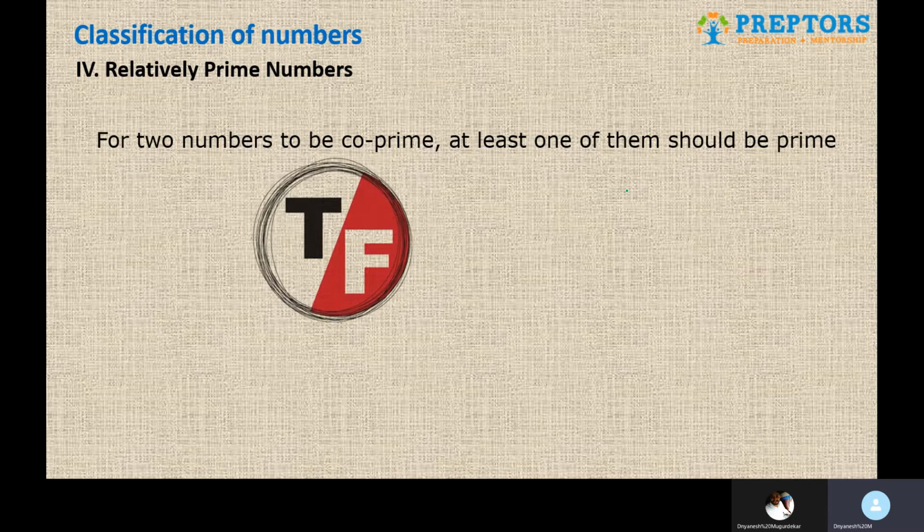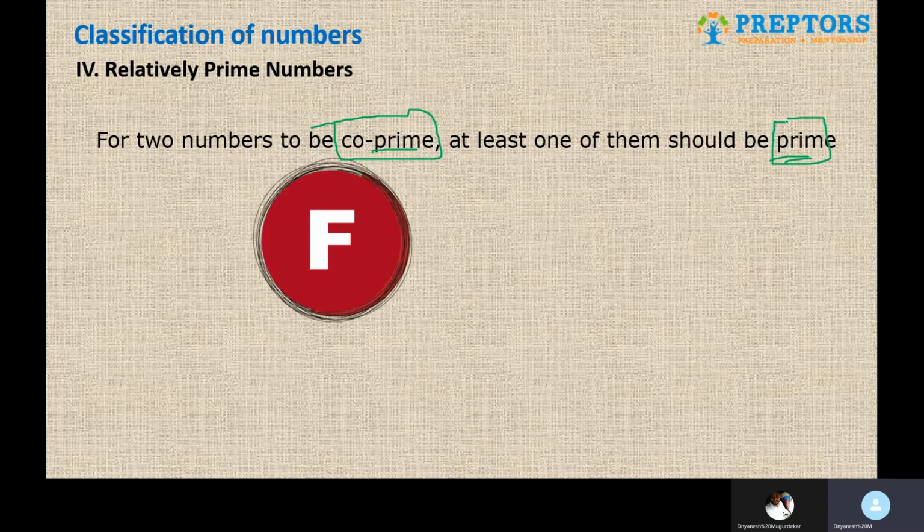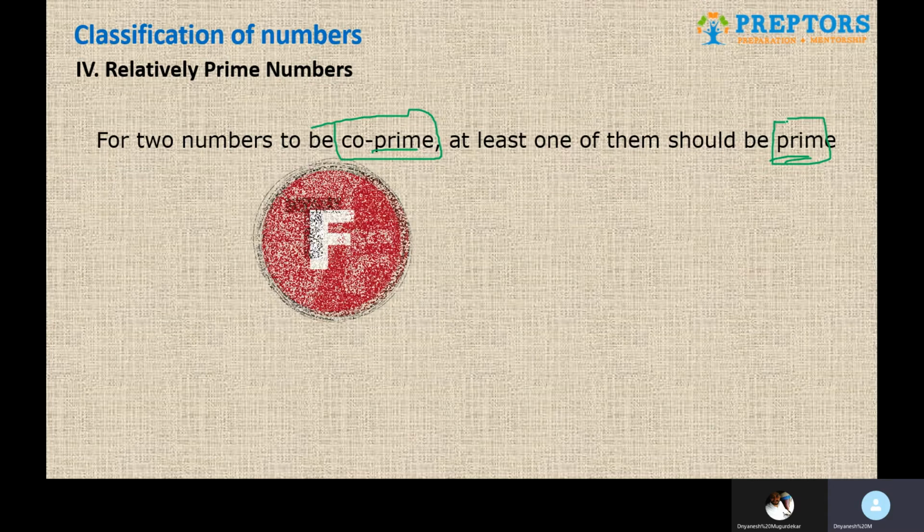For two numbers to be co-prime, at least one of them should be prime. Obviously it's a false statement. Don't get confused with the wordings co-prime and prime. That has nothing to do with the word prime, because co-prime is an entirely different idea which says one common factor. That has nothing to do with the prime numbers. For example, both of them can be composite numbers and they still can be co-prime to each other.